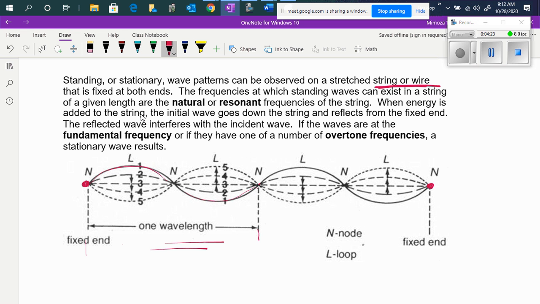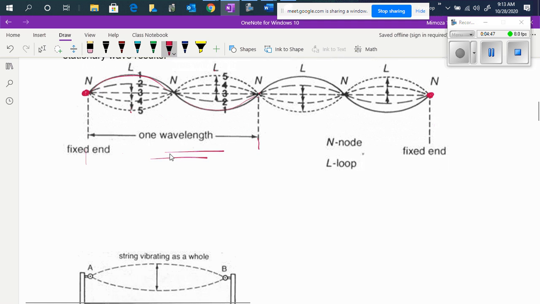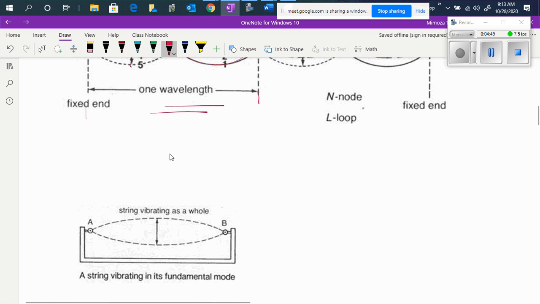As you see here, we are giving this motion, and the displacement of every point in the string is going to be either going down or heading up, depending on what is happening with the wave or the particle at that point.